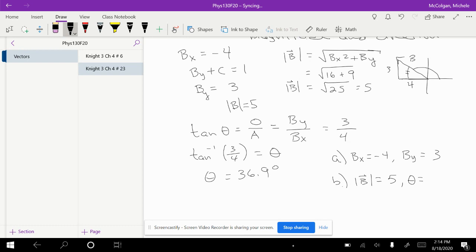So let's call this theta prime, and we want 180 minus theta prime, which is 180 minus 36.9, which is 143.1. So this angle is 143.1 degrees, and that represents this angle right here. And so that's our answer.